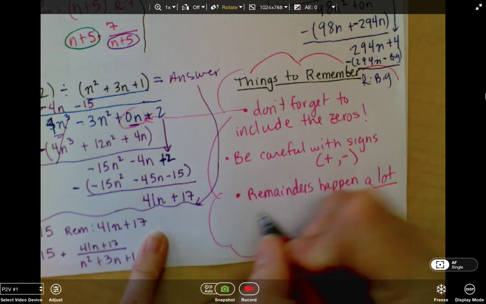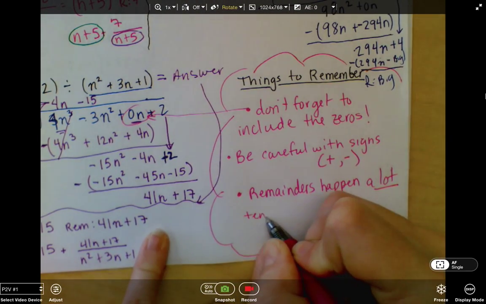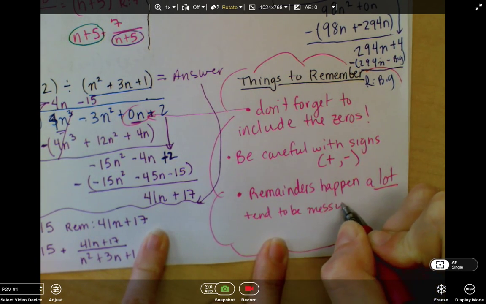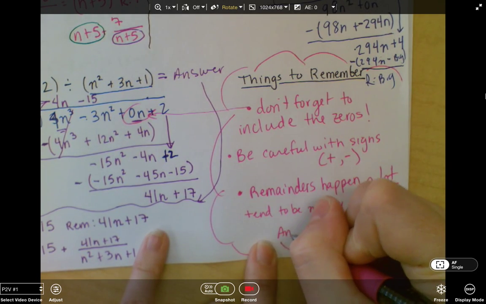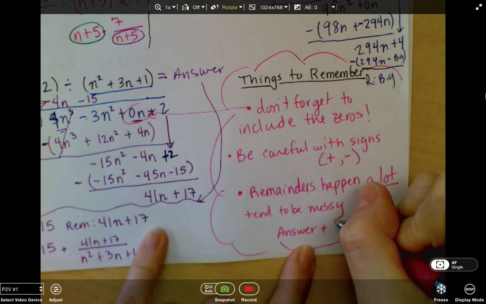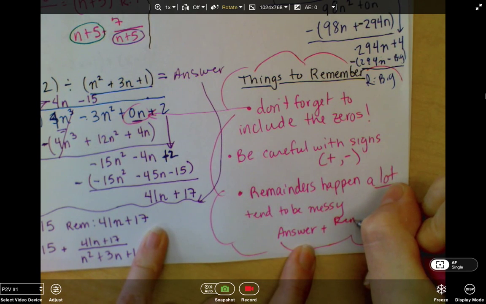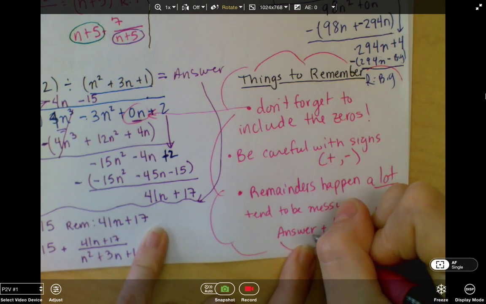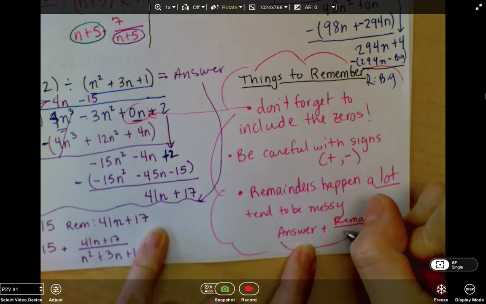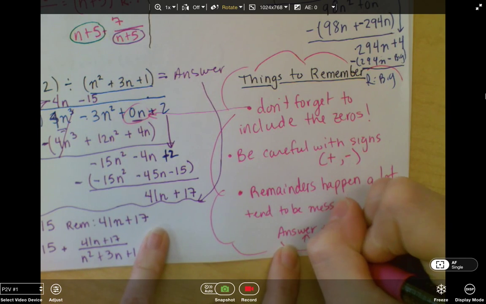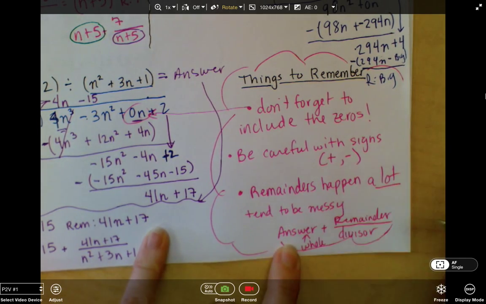They tend to be messy. So we have our answer plus remainder. So this is like the whole number component plus the remainder over the divisor. So the whole with a fraction.